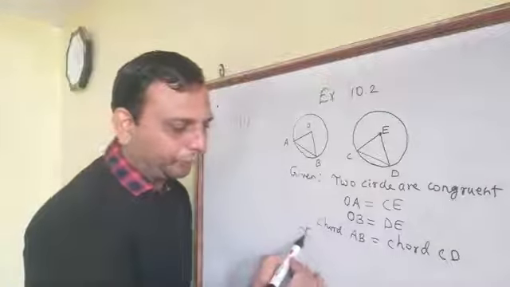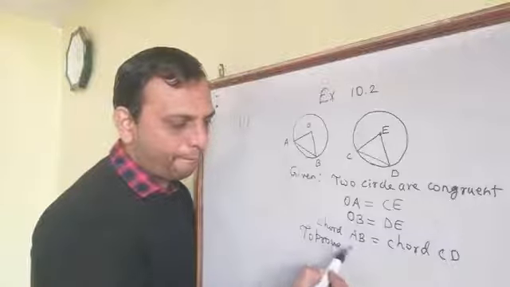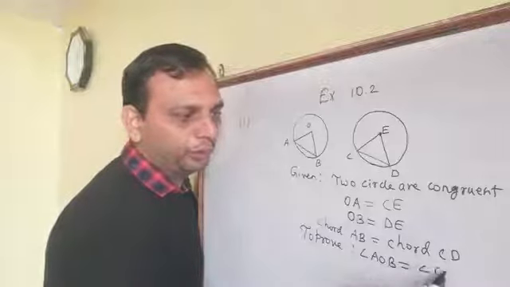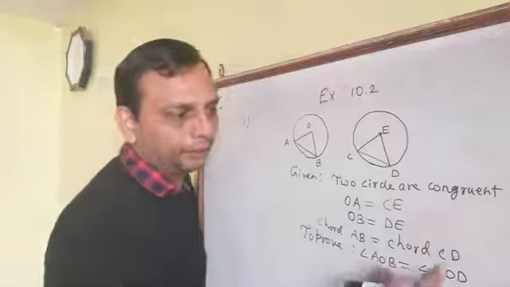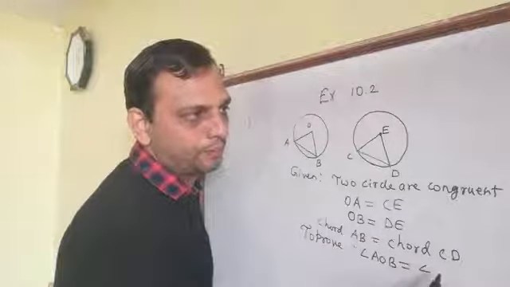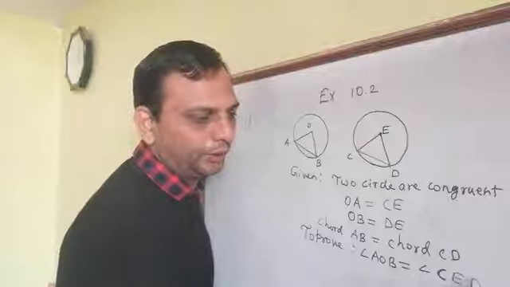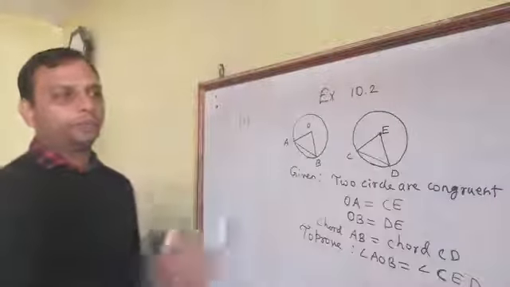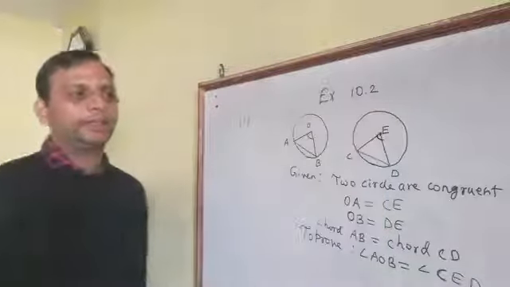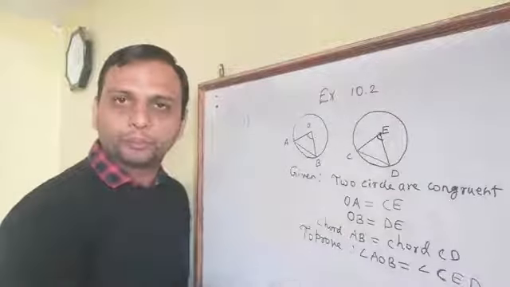Now we have to prove they will make equal angles: angle AOB will be equal to angle CED. These two angles are center angles, here the center is O, here the center is E. If the chords are equal, they will make equal angles at the center. This we are supposed to prove.